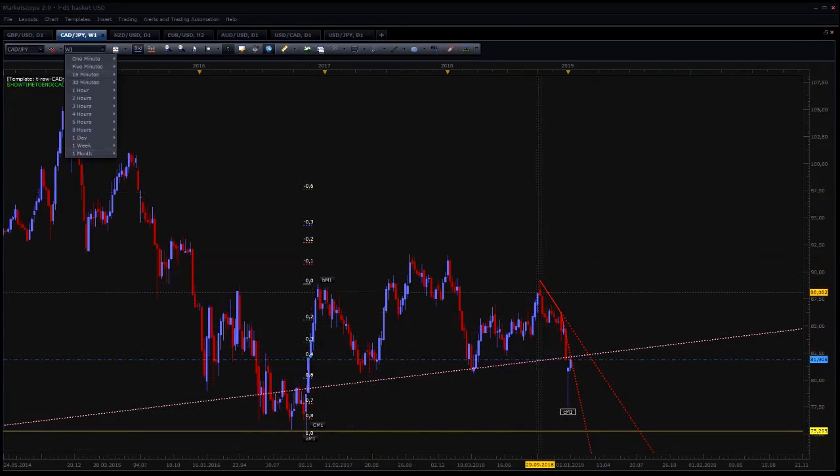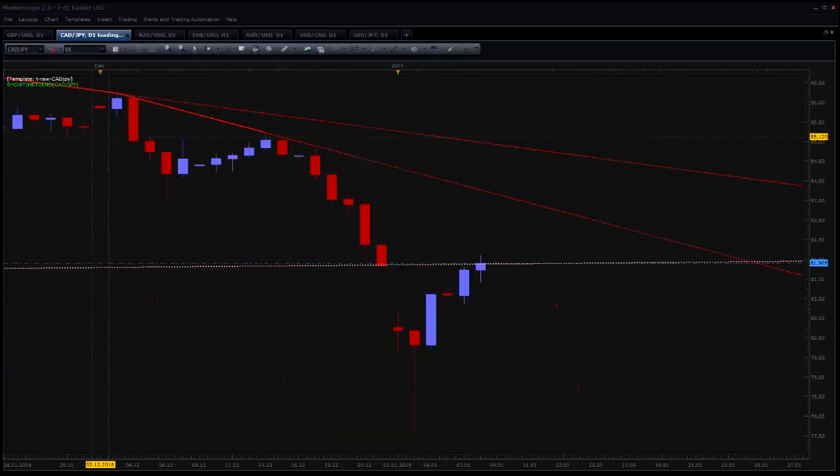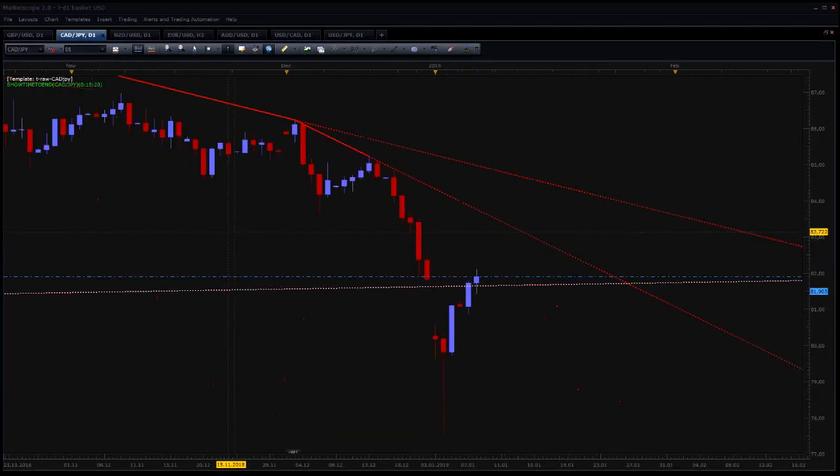We drew some counter downtrend lines, waiting for market to break through and break out to the upside.